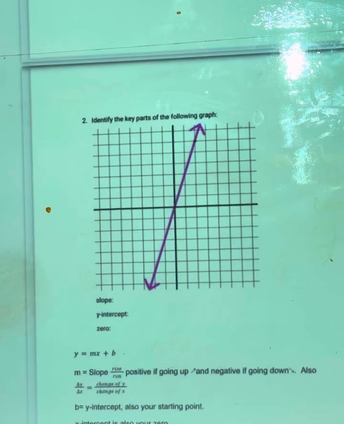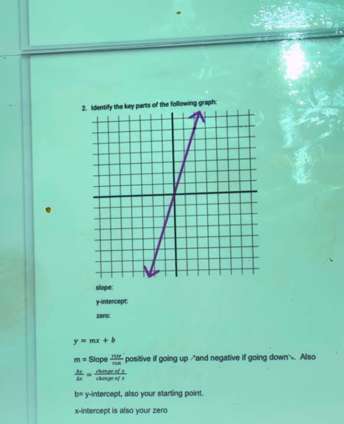Next one. So we are going to find our slope and our y-intercept. So reminders, when you decide which way, if it's going up or going down, you always start from left to right, which means the same way you read.